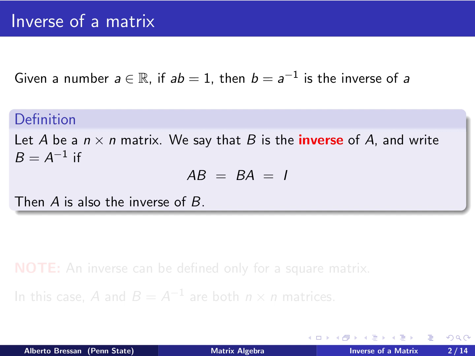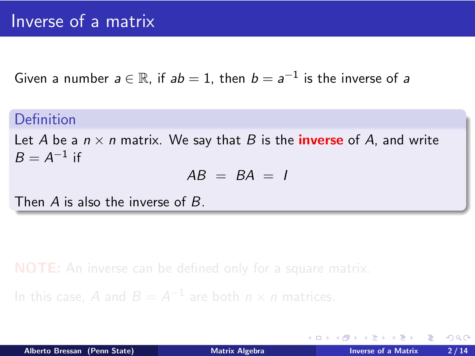Now let capital A be a square matrix of size n. Then we say that another matrix B is the inverse of A, and we would write it as B equals A to the power negative 1, if B has the following property: A times B equals B times A equals I, an identity matrix.